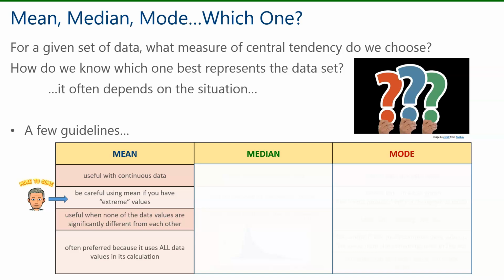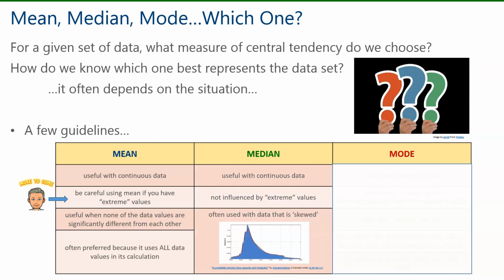Some guidelines for median. Median, too, is useful with continuous data, but it is not influenced by extreme values. Median is often used with data that is skewed. We could get into an intense discussion about data being skewed, but we will keep it fairly simple here.